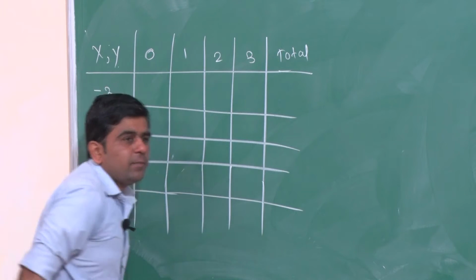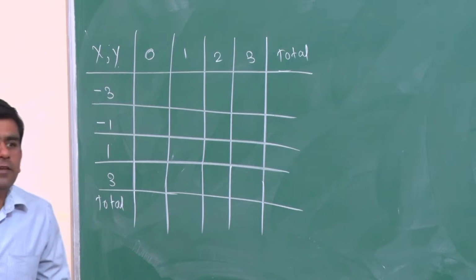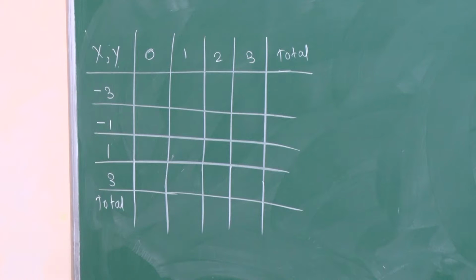From your previous example, X is a random variable which takes the values minus 3, minus 1, 1 and 3. Y is a random variable which takes the values 0, 1, 2 and 3.